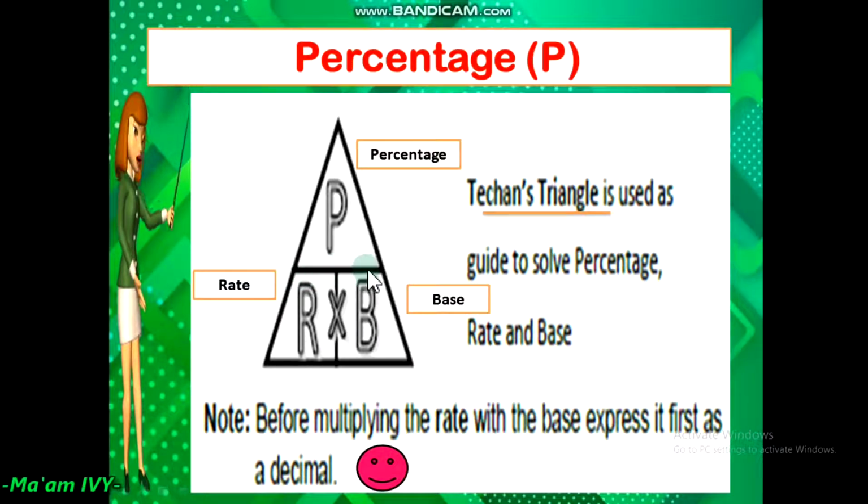Kids, listen. This horizontal line represents division. So you can divide percentage by rate or percentage by base, whichever data is given. And this vertical line represents the operation, which is multiplication. So we can multiply rate and base whenever the data is given.